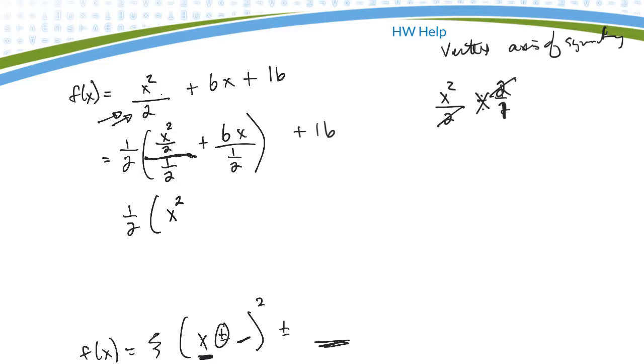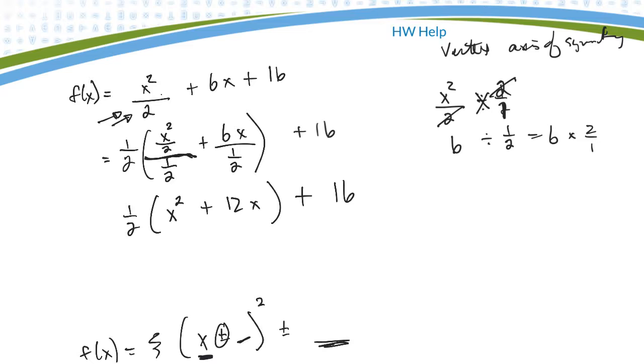With the 6, I have to divide that by a half, which is the same thing as 6 times 2 over 1. So that'll be 12, so I have 12x there. Plus 16. So all I did was factor a half out of there. You could have divided things by 0.5 on your calculator, and it'll still come to the same thing.